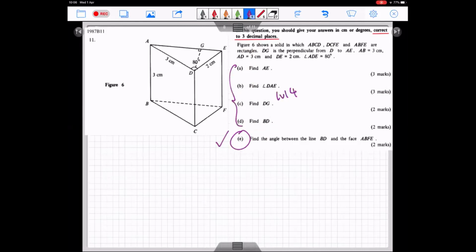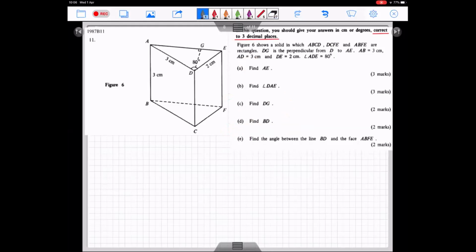For level 4, you should be able to finish A, B, C, D. But if you want to have level 5 and beyond, this is part E. Part E is where only 15%, 20% of the people can do it, and this is a level 5 criteria. So for those who can finish part E, then you have the ticket to level 5. If you don't, you have to work hard, particularly on the most difficult part, in order to achieve that level 5.